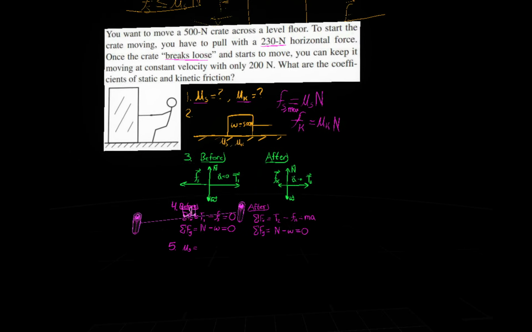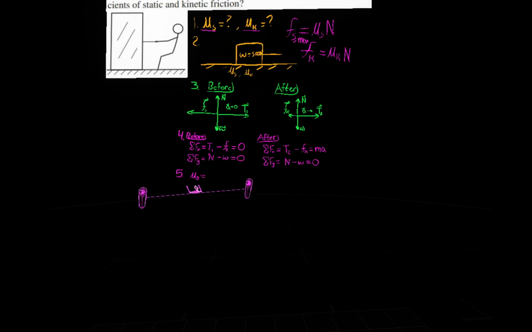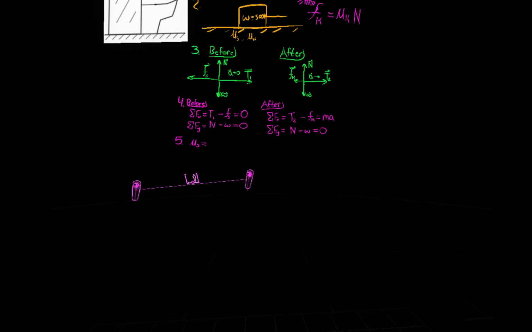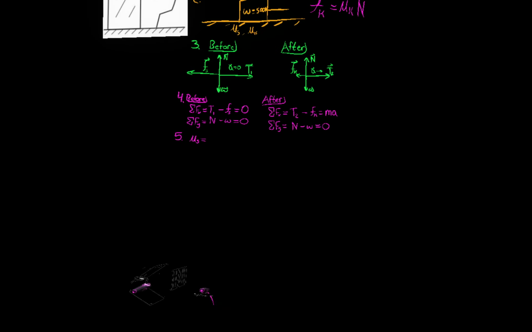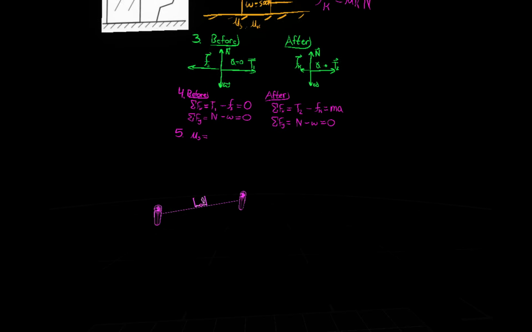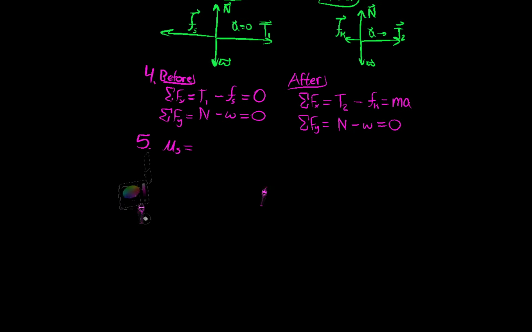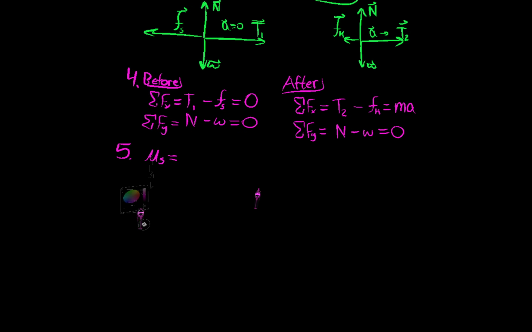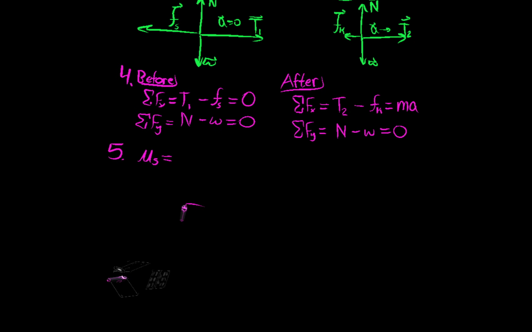And so remember that the static friction is less than or equal to mu sub s times the normal force. Well, now this is the equal to part of it because it's at that maximum, right, when it breaks loose, that threshold maximum. So mu sub s times the normal is equal to T1, right?